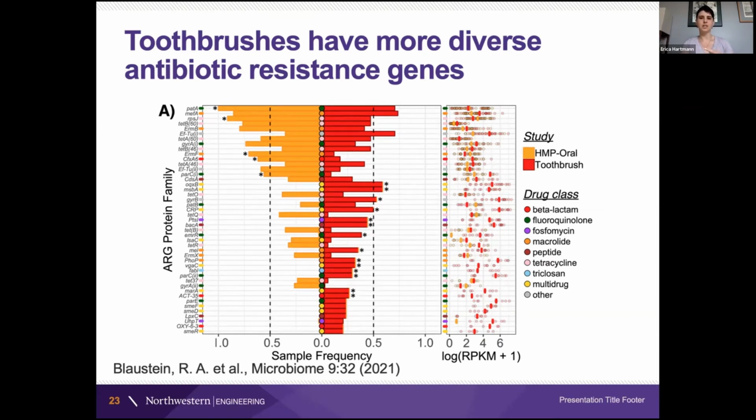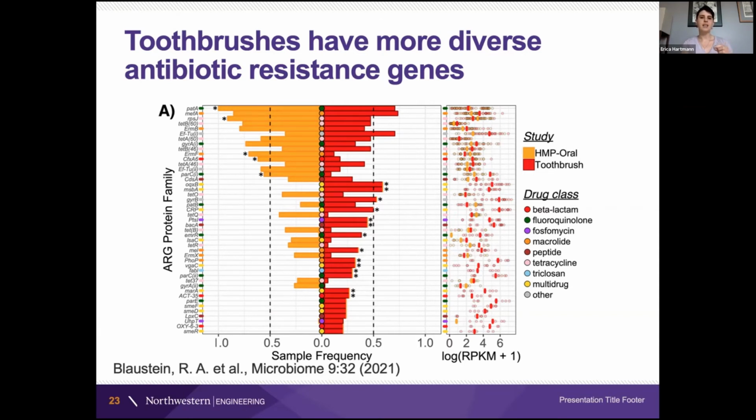We're not necessarily seeing just one antimicrobial resistance gene that's everywhere in all toothbrushes. We're seeing a lot of different things that encode for a lot of different classes of antimicrobial resistance. So high diversity, but low frequency.